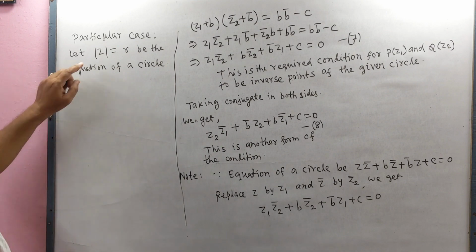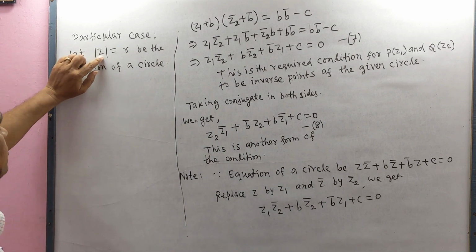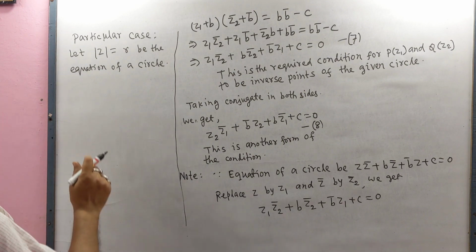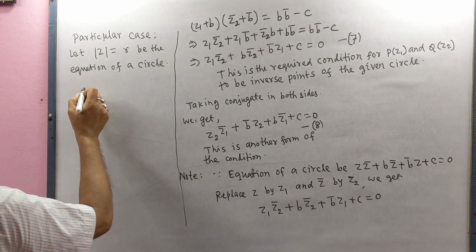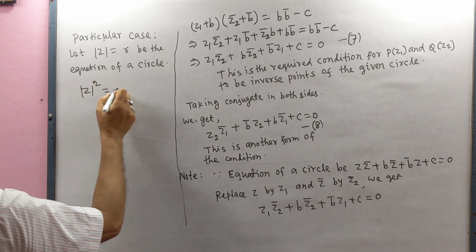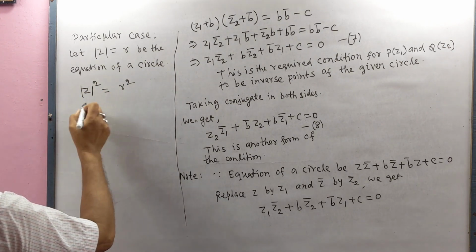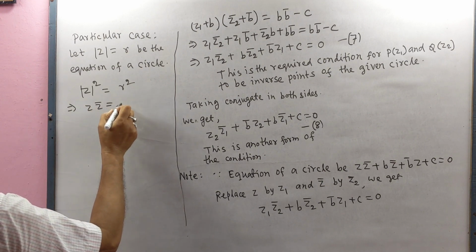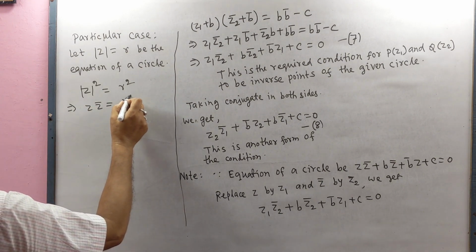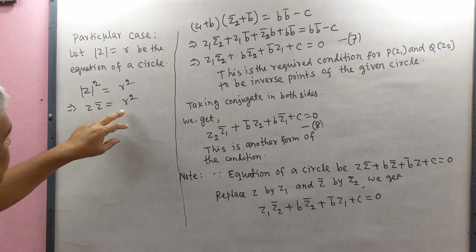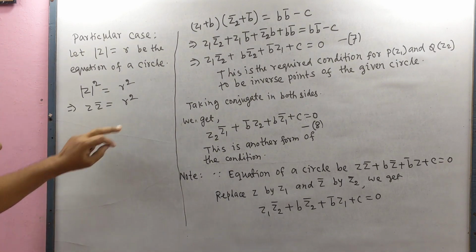It is obvious that its center is 0 and radius is R. Taking square on both sides implies that Z Z bar equal to R square. This is another form of the equation of the circle.